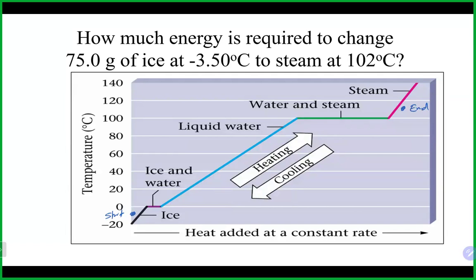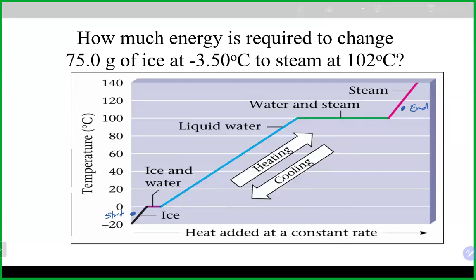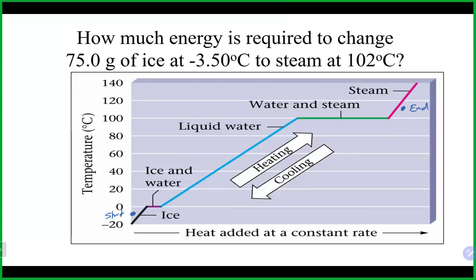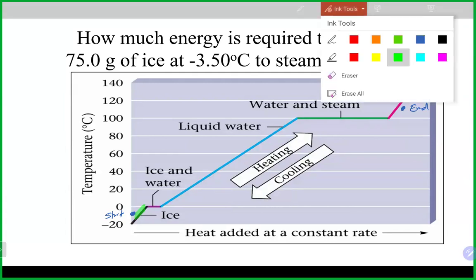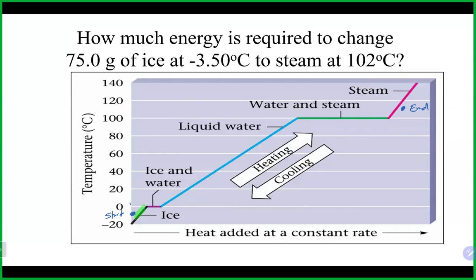So we do want to break it up by the parts that are going to happen. The first thing that's going to happen is we are going to go from our starting point to 0 degrees Celsius. So that's our very first step, which is we need to take our ice that's at minus 3.5 degrees Celsius and take it to ice at 0 degrees Celsius.